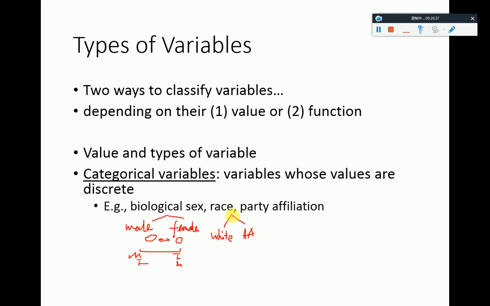What if a Caucasian person and their partner are from different races? One is Caucasian, the other is African American. They got married and they have a child, and that child is of mixed sex. Sorry, not mixed sex, mixed race. My apology here.